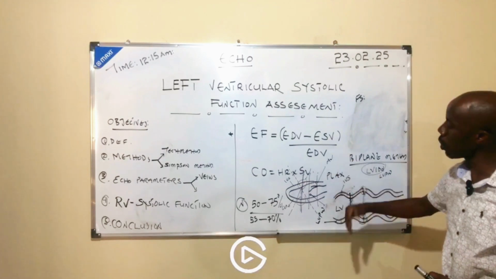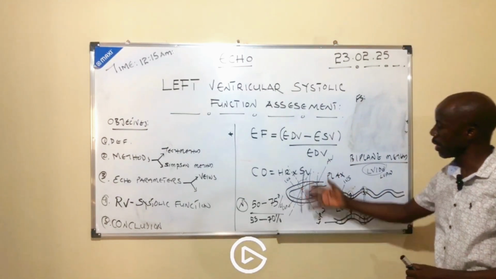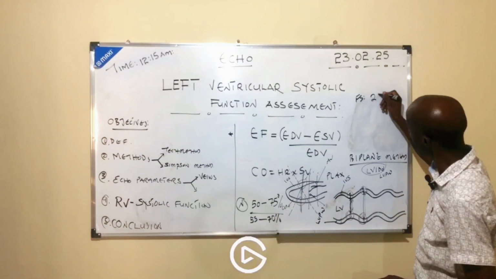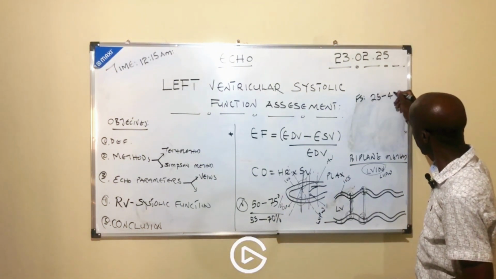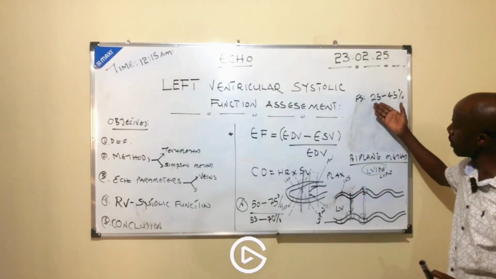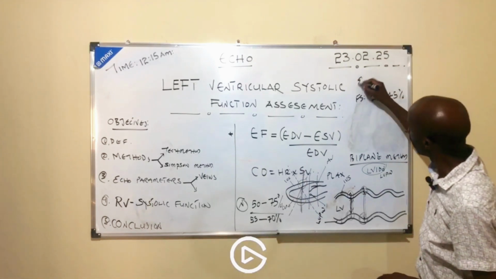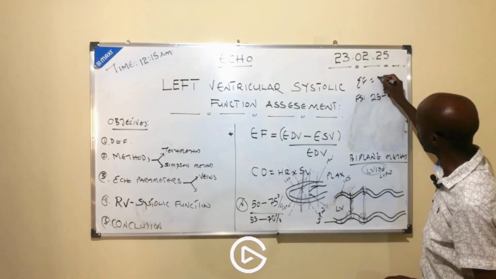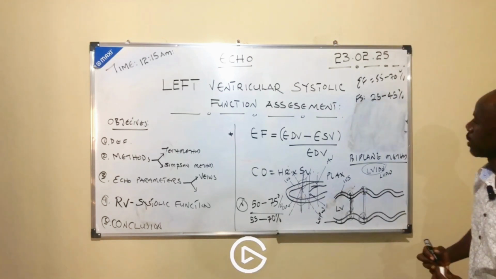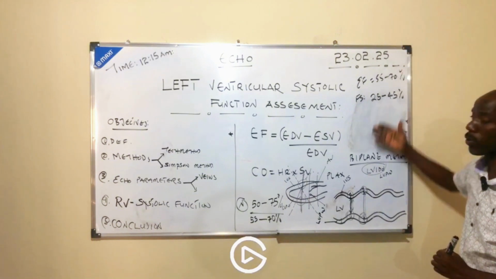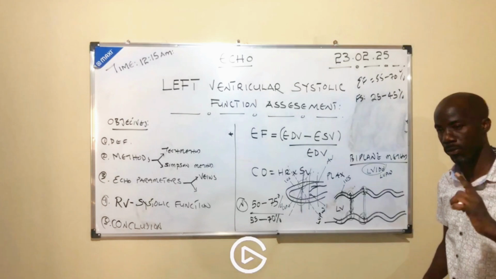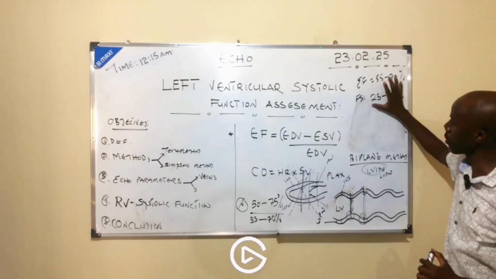It's also automatically calculated by this method that we are using, and the normal is going to give you 25 to around 45%. So these two parameters, the ejection fraction and the fraction shortening, become very handy when it comes to the quantification of the left ventricle systolic function by biplane method.